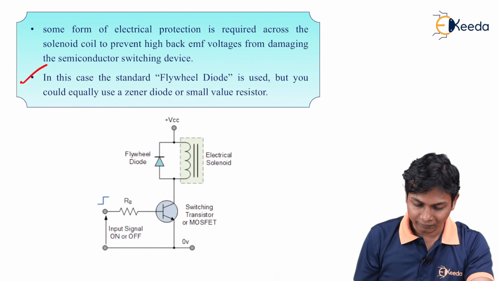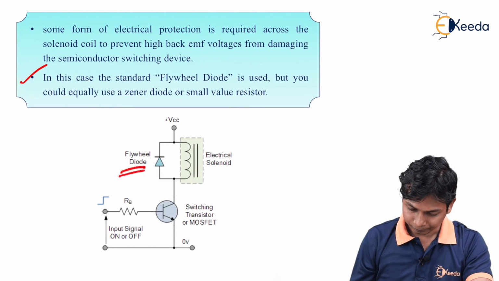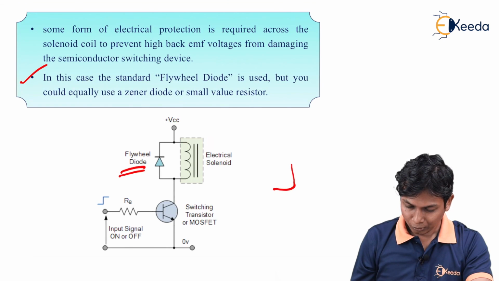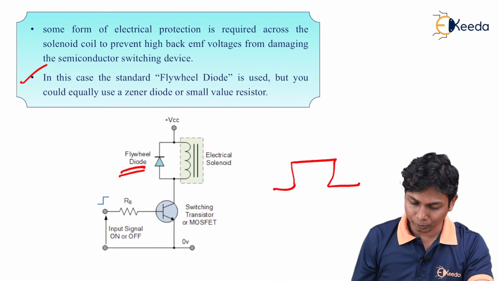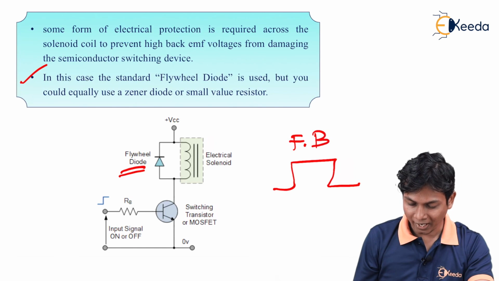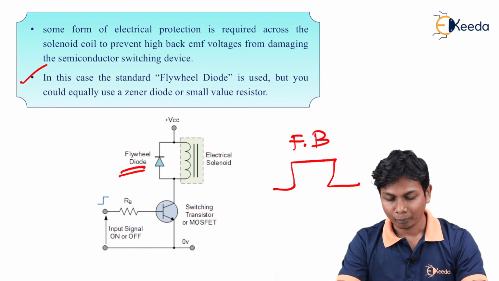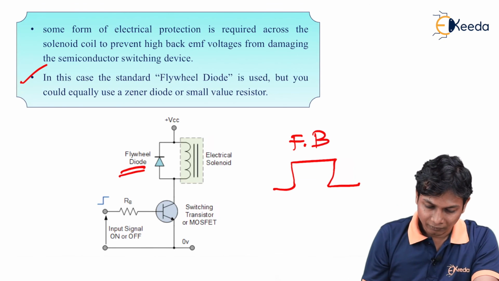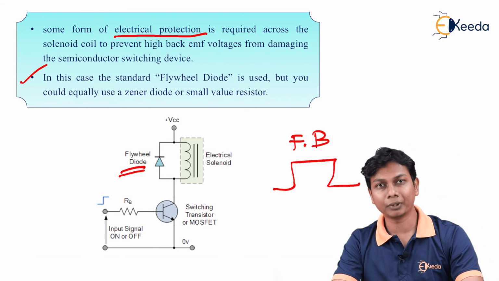The flywheel diode conducts in forward bias, and hence it plays an important role in electrical protection.